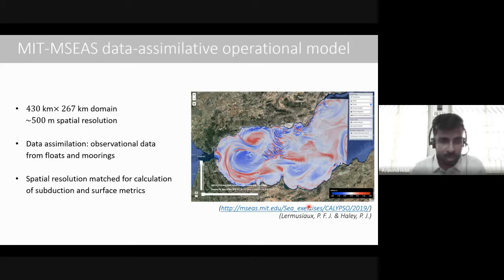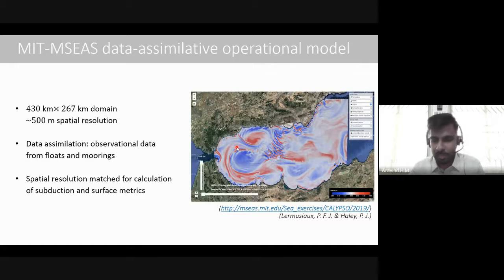So the domain essentially spanned 430 kilometers by 267 kilometers, and it had the capability to assimilate various sources of data like from moorings, from floats, even drifter trajectory data. And when I was doing my calculations, I made sure that all the grids on which I calculated various quantities matched at least the resolution of the grid on which I had data available.